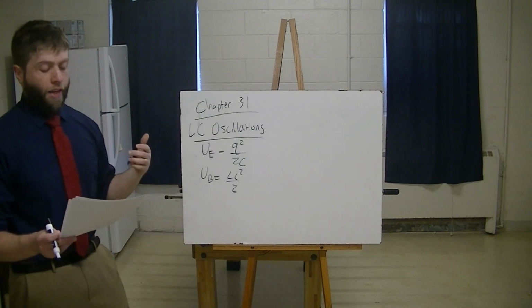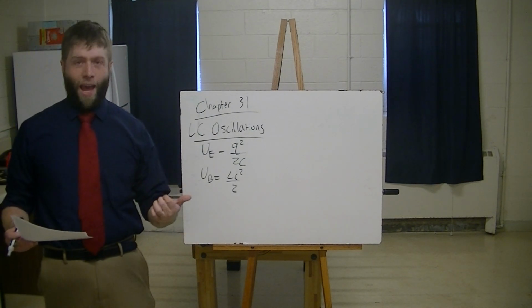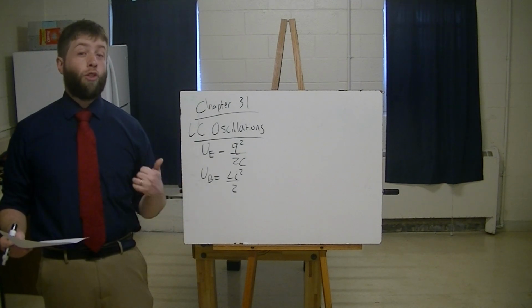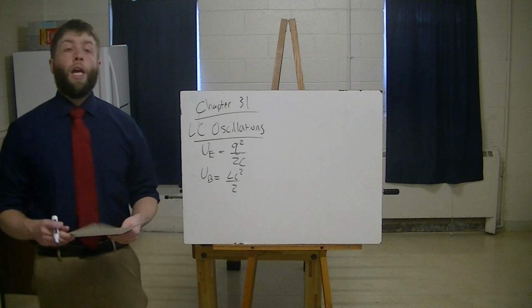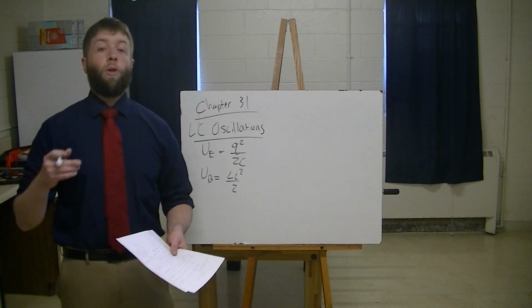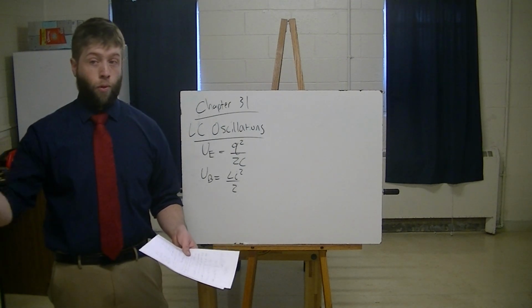Now, since we're going to be oscillating back and forth, we're going to treat it as oscillations, and that means we have to refer to everything as an amplitude. If you remember back to mechanics last year, we talked about a mass moving back and forth on a spring.